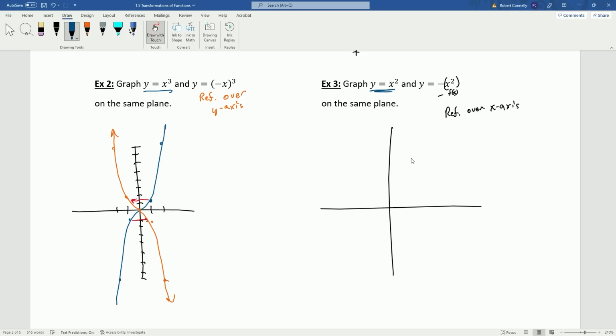Okay, so y equals x squared. So if I reflect it over the x-axis, of course, the y equal to 0 doesn't change, but all my other values, the y values become negative, and so it looks roughly like this.